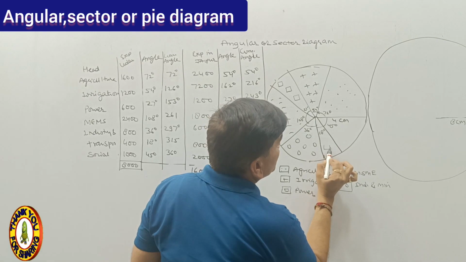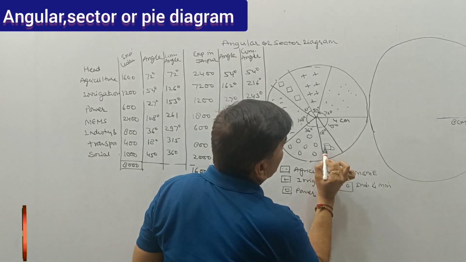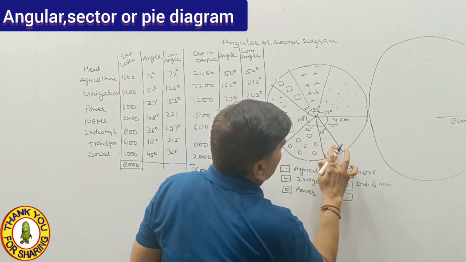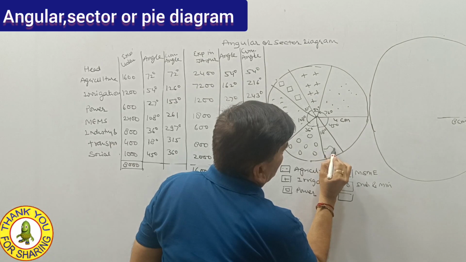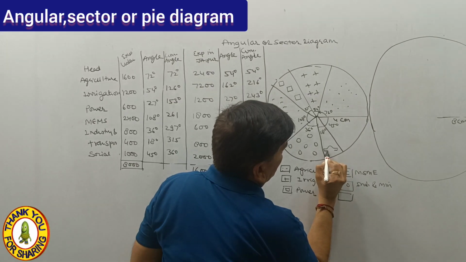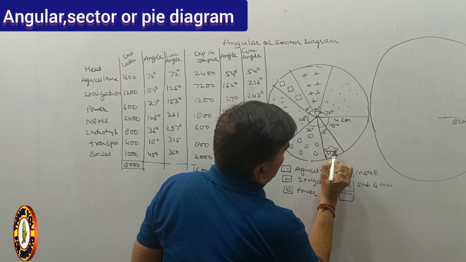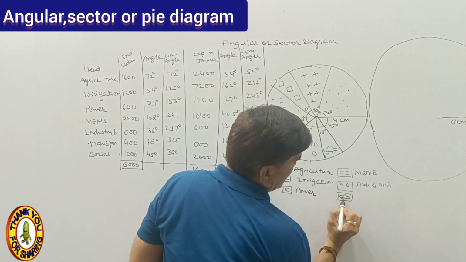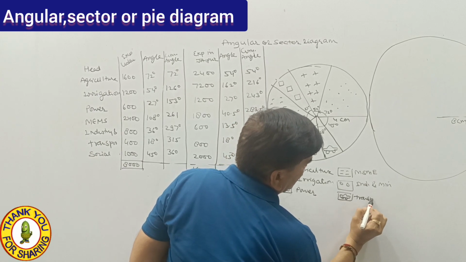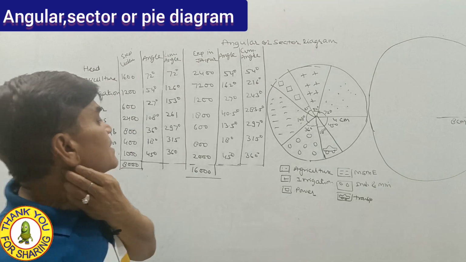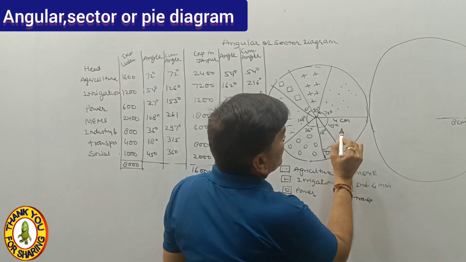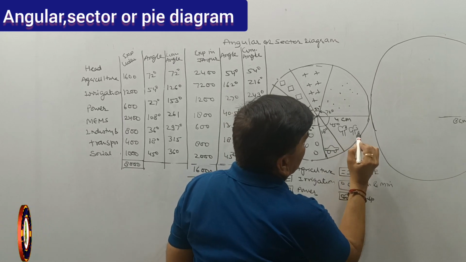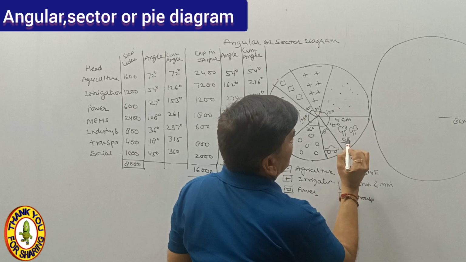Suppose we are showing it with a symbol of a car. So this may be the symbol of transportation. Next one, last one is social services. Suppose here for social services, we are planting a tree.